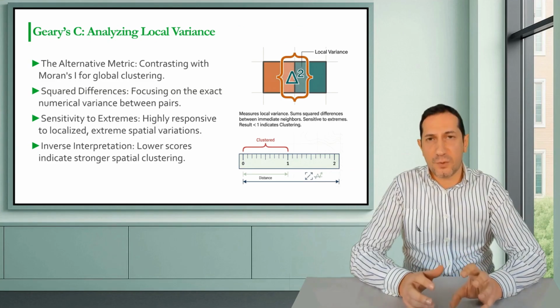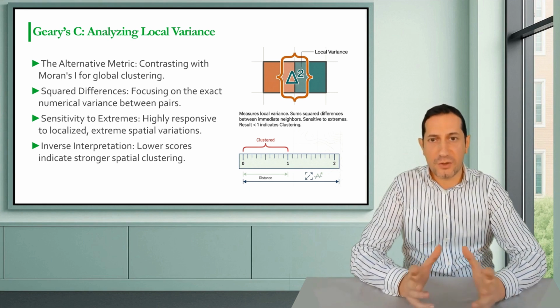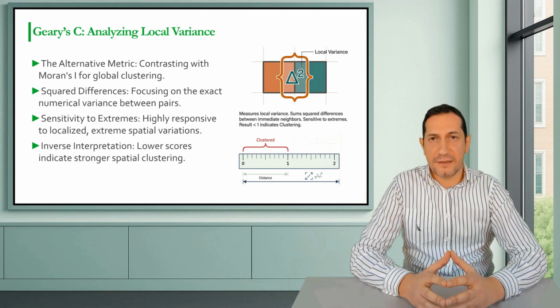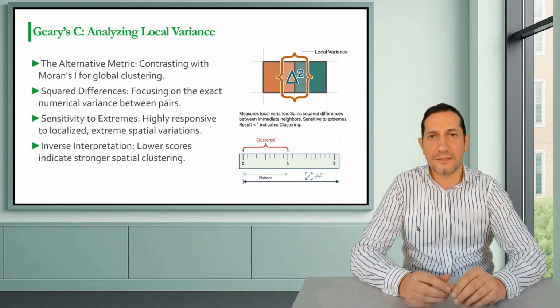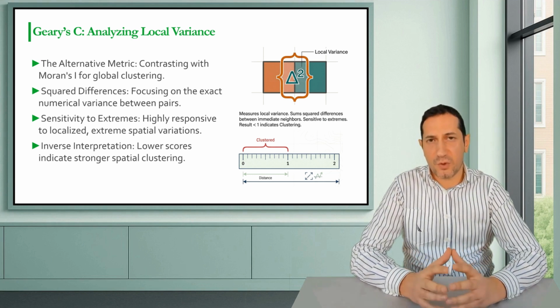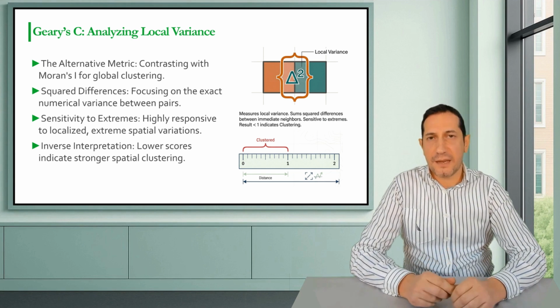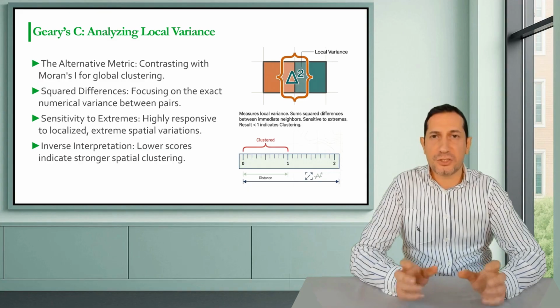While Moran's I is widely used, epidemiologists also apply another global measure called Geary's C. It is important to understand how it differs in practice. Moran's I compares how values deviate from the overall mean and then looks at how those deviations relate across neighboring locations.